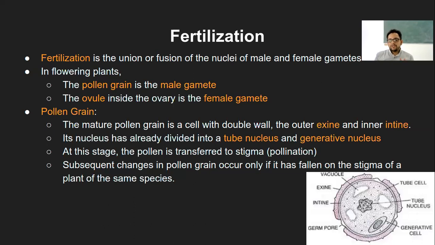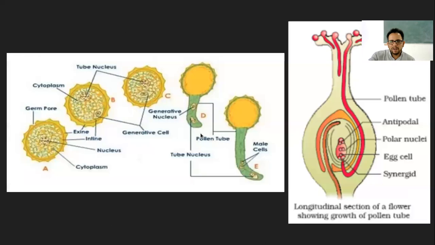That is the structure of the pollen grain, and ideally you should know the diagram also. The germ pore is where the pollen tube can extend out. You might wonder what I am talking about in terms of the pollen tube, so we'll come back to this at the last part.